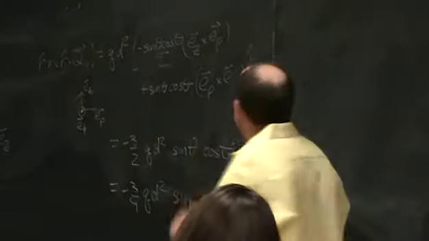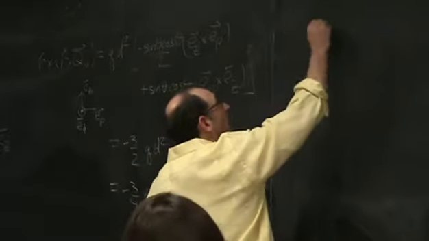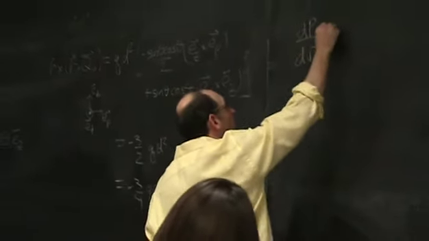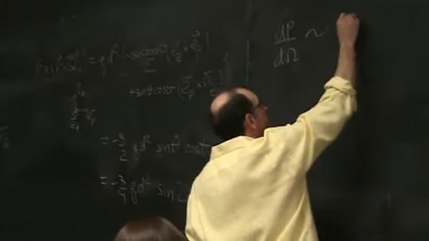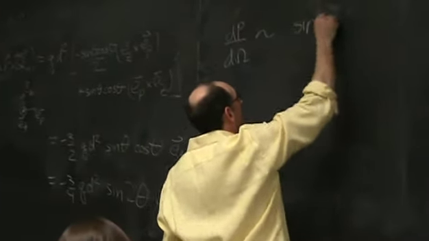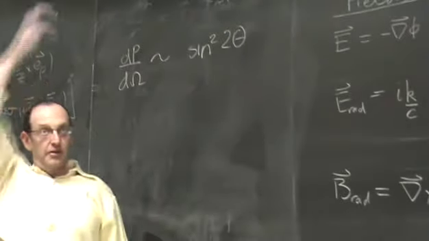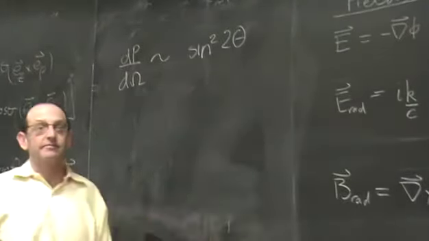So the whole point of this exercise, or at least one of the points, is to show that this is proportional to sine squared 2 theta, where theta is defined relative to the axis of symmetry.